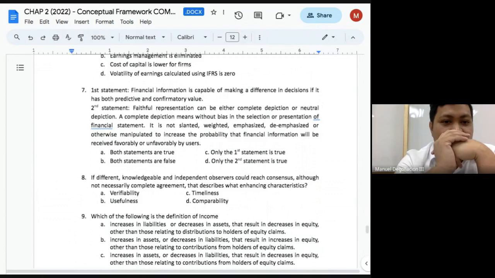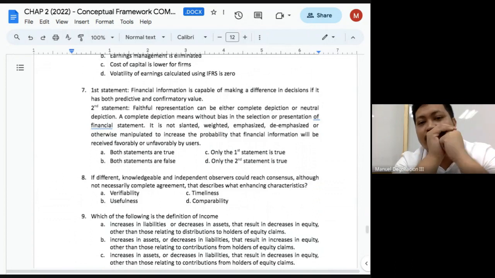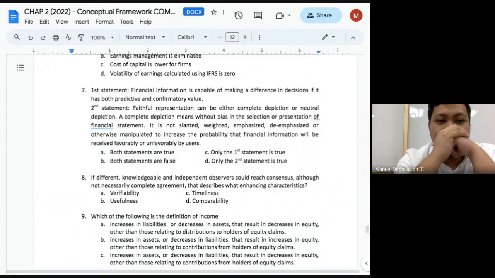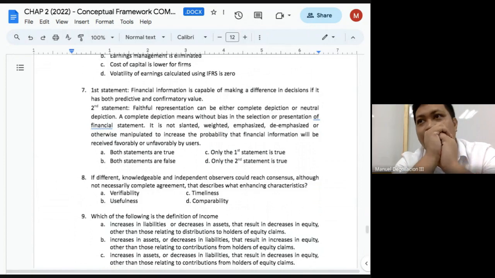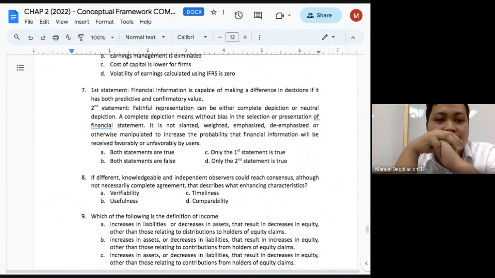For financial information to be capable of making a difference in the decision, it can have predictive or confirmatory value or both. But what does the first statement impress upon us? That it needs both. But even one of the two is sufficient to make it capable of making a difference in decision, thereby making it relevant.